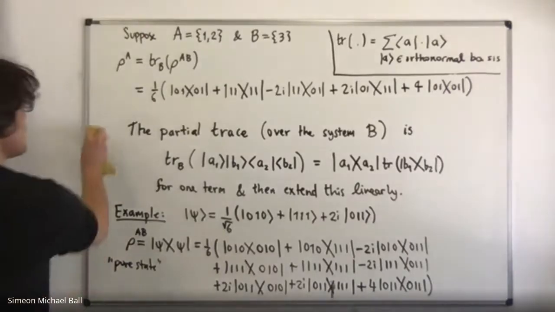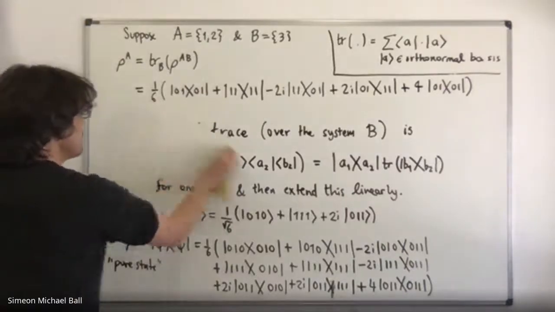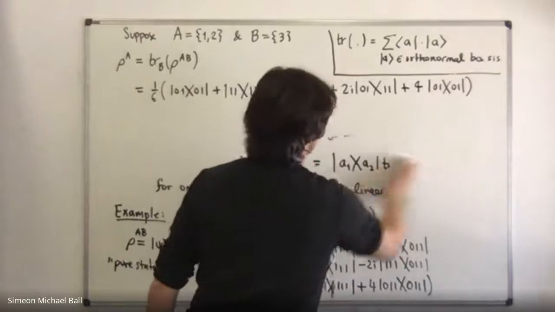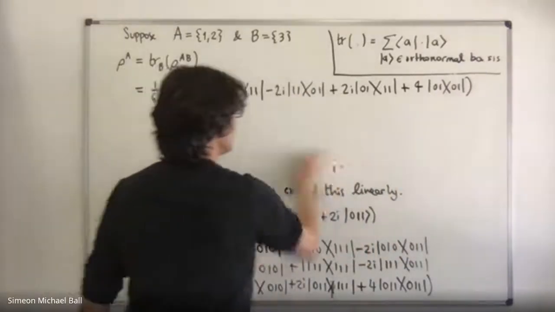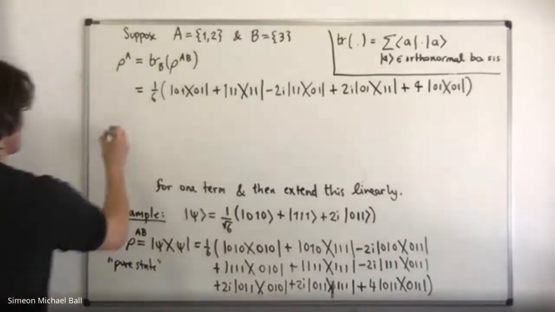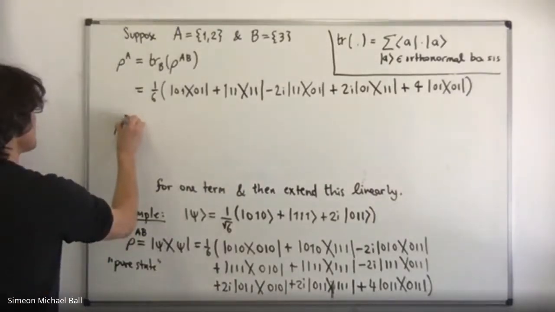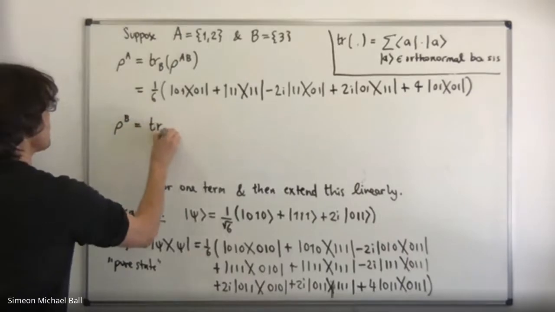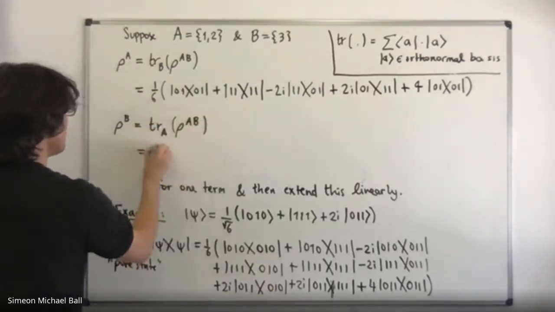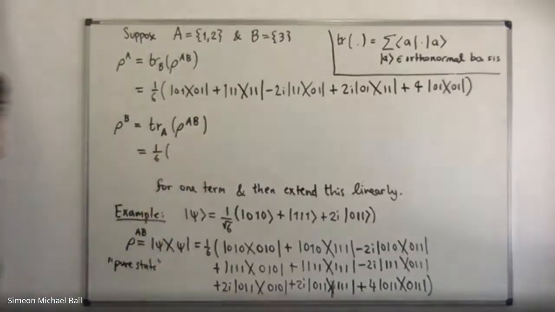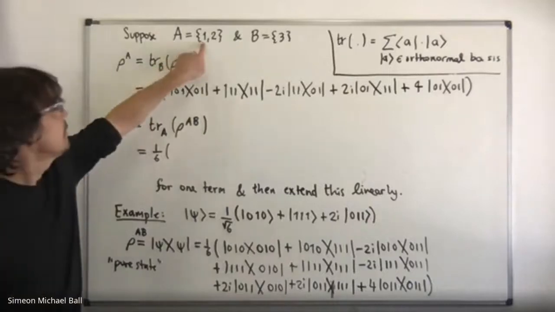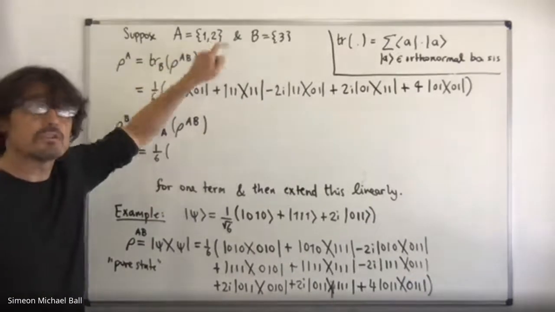And if we try and do the same, but now let's trace over the B system. This will leave us with some density operator of the B systems, tracing over A. Now I need to trace over an orthonormal basis for the A system, which is the first two qubits.